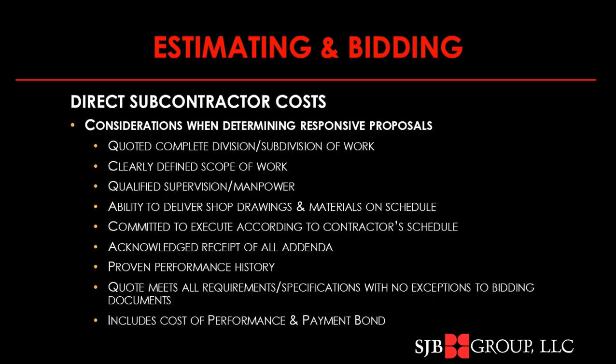In vertical construction, it's called a division or subdivision of work. In the DOTD world, you can think of the standard specification numbers as grouped into a division of work: earthworks in the 200s, and you've got the 300s, and you've got your structural work in the 800s, and that kind of thing.